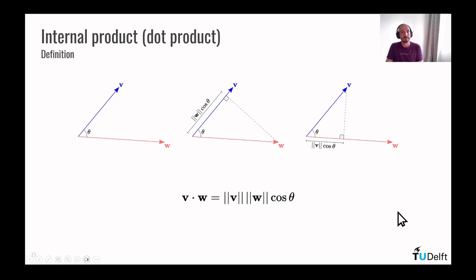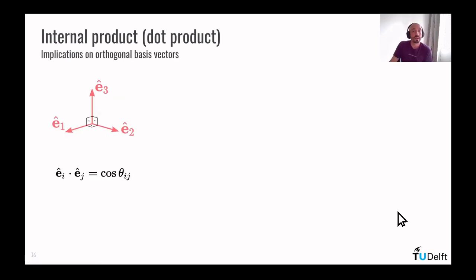Okay, now what are the implications of the dot product in our basis vectors? Remember, we defined three basis vectors, vectors that serve as a basis for us to write any vector that lives in the three-dimensional space.